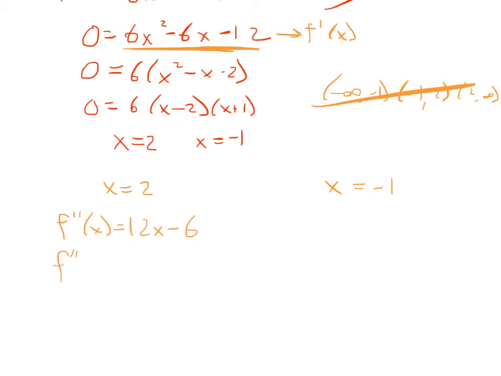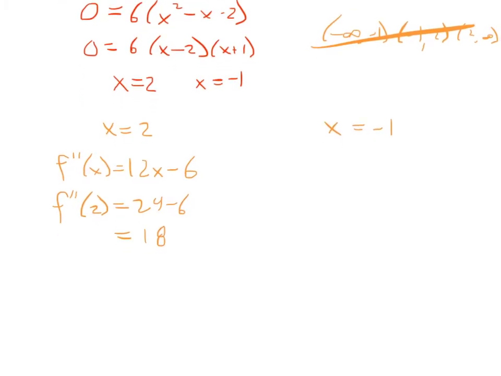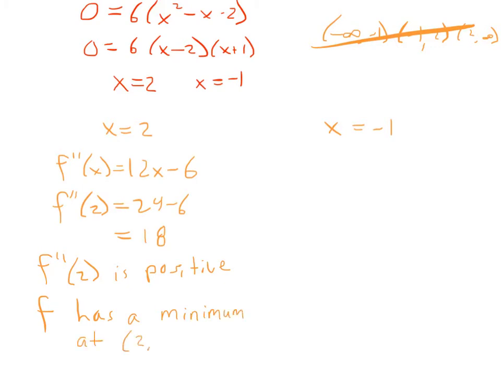So when I plug in 2, the second derivative of 2 is 24 minus 6, which is 18. Because this is positive, because the second derivative is positive, I know that f has a minimum at 2 comma, and we find that other value by plugging 2 into the original function.